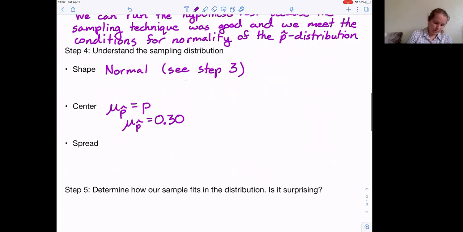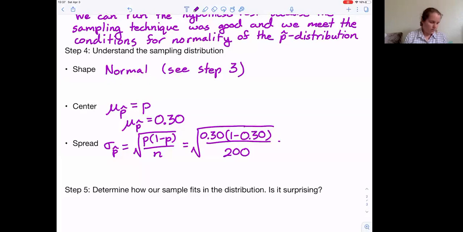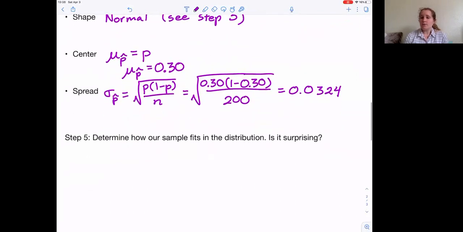And our sigma sub p-hat is the square root of p times 1 minus p divided by n, or the square root of 0.30 times 1 minus 0.30 divided by 200. If we do those calculations, we wind up getting 0.0324, more or less.